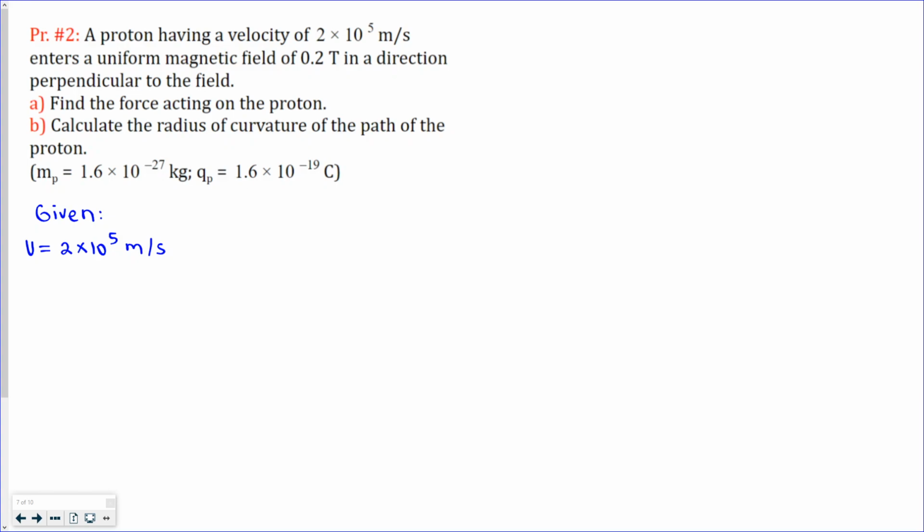And we know the uniform magnetic field is 0.2 Tesla. And the direction is perpendicular, so the angle between the velocity and magnetic field is 90 degrees. A, we're asked to find the force acting on the proton. B, the radius of the curvature.